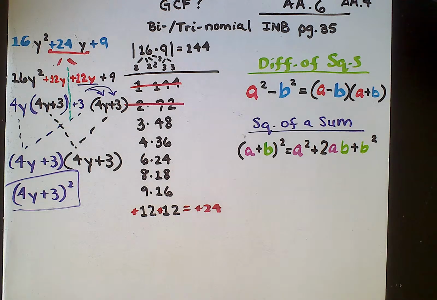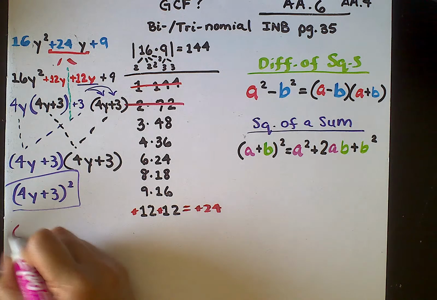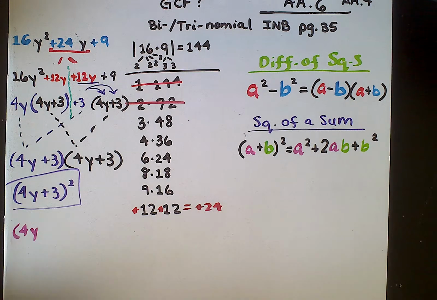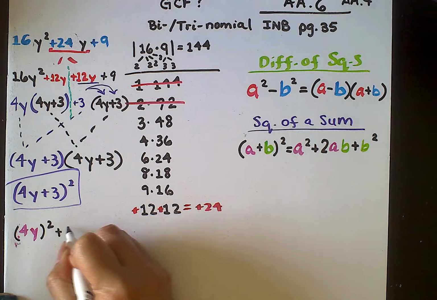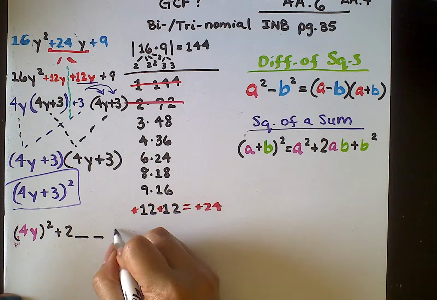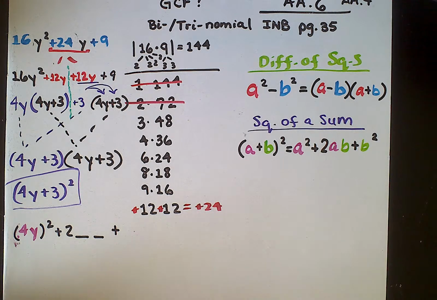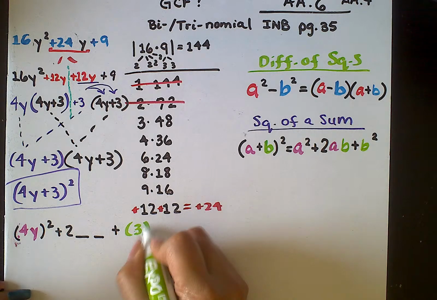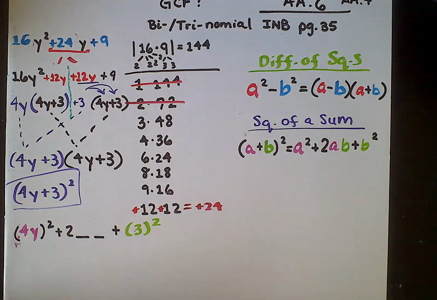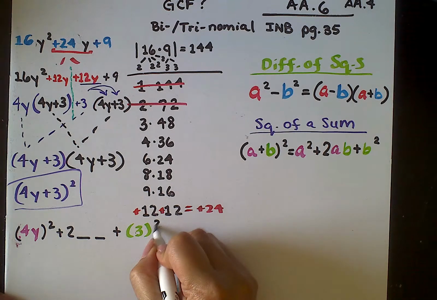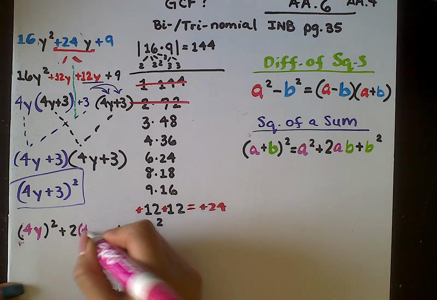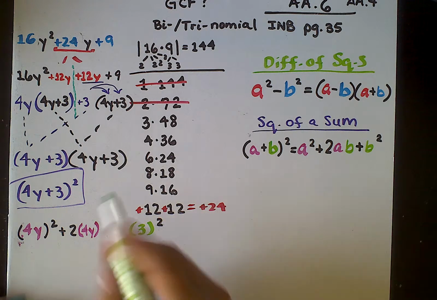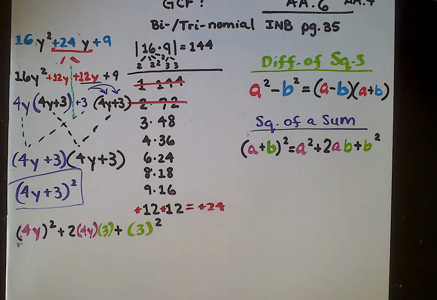I could have tried saying, well, if this is 4y squared, and then plus 2, and then leave my blanks there, and then plus 3 squared, well, then I could come over here and try and fill out these blanks. Well, if I put in 4y here and a 3 right here, does it give me the exact same answer?